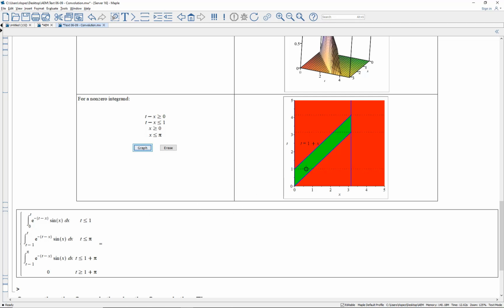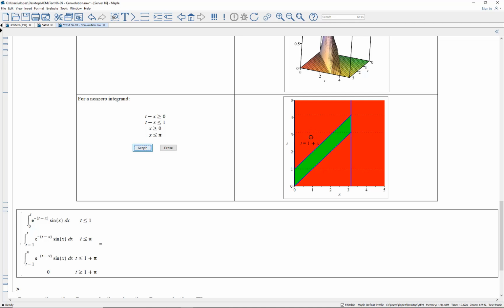For t between 1 and pi, the integral is in between these two lines. So it's between this line, which is x equals t minus 1, and this is x equals t.